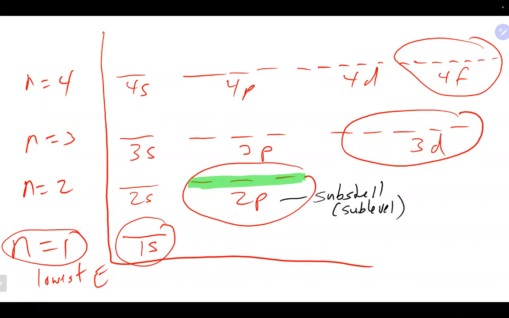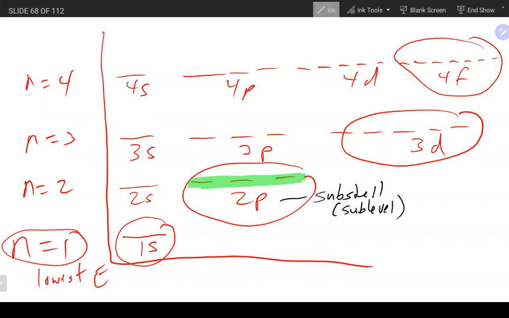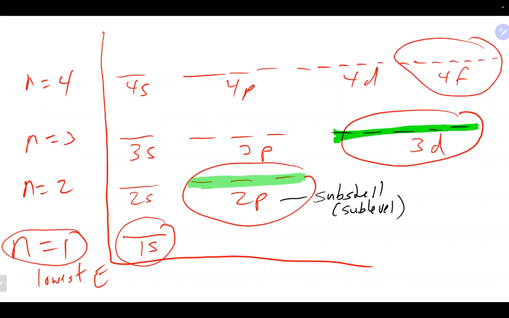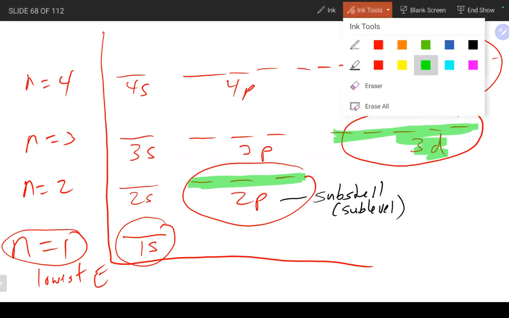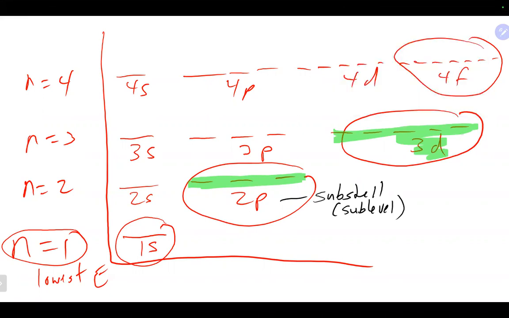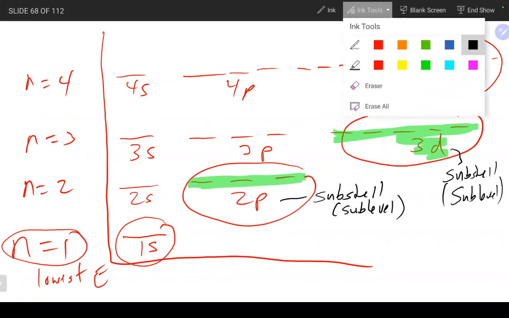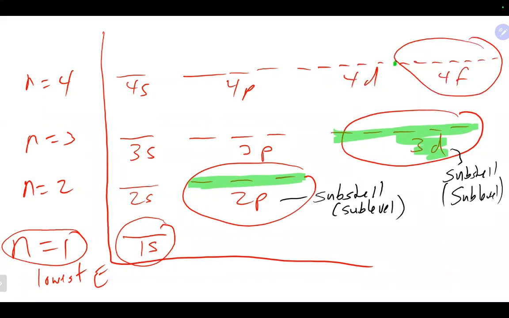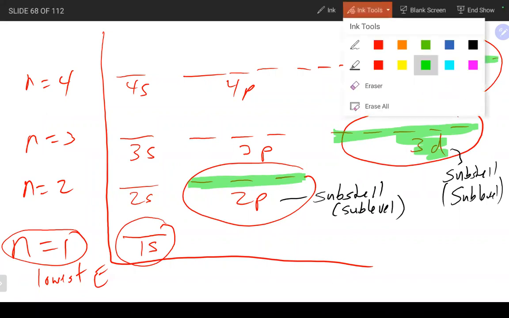If I took these 5 individual d orbitals here, that would represent the 3d subshell, or sublevel. And if I took all 7 of the f orbitals here together, all 7 of them would represent the f subshell or sublevel.